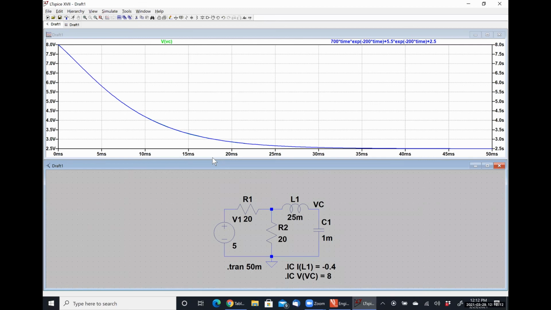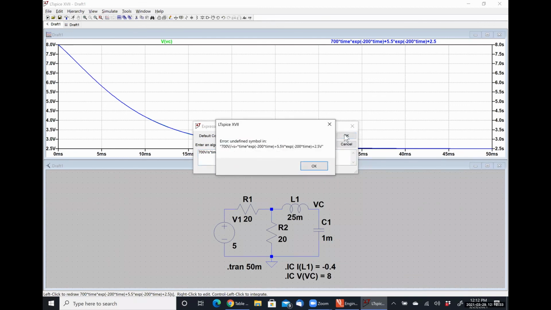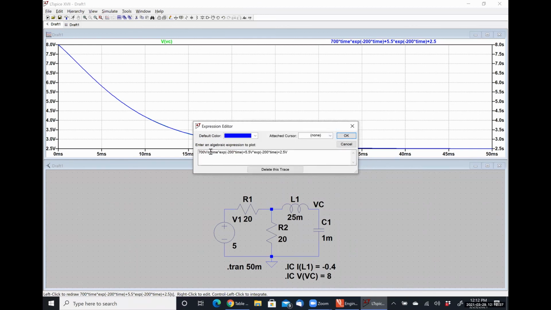But again, notice here, because I have this 700 times time, if I try to put in volts per second there, let's see what happens. I believe it's going to hate me. 700 volts per second, 5.5 volts, 2.5 volts. It doesn't know how to interpret that, so it can't do a combination unit like that.